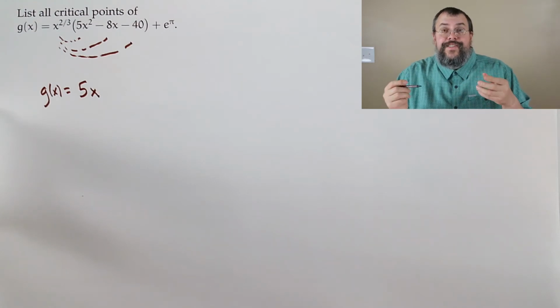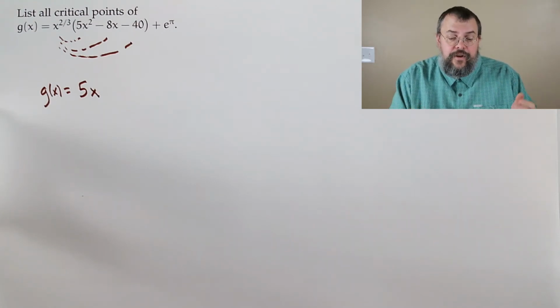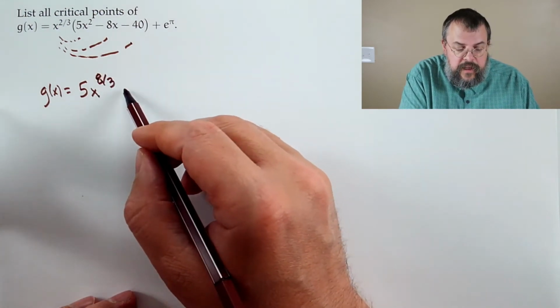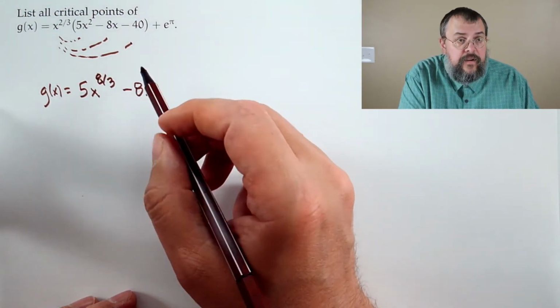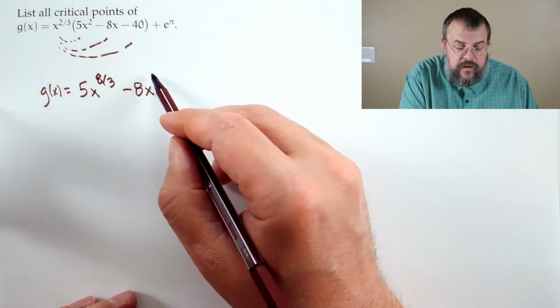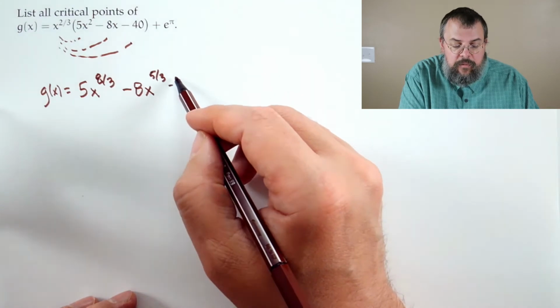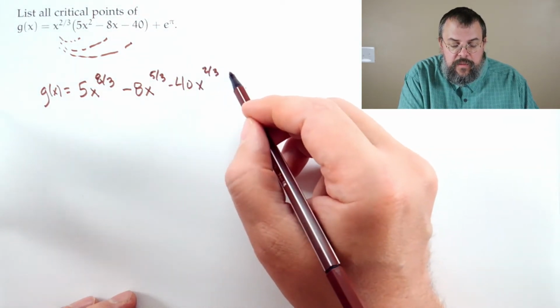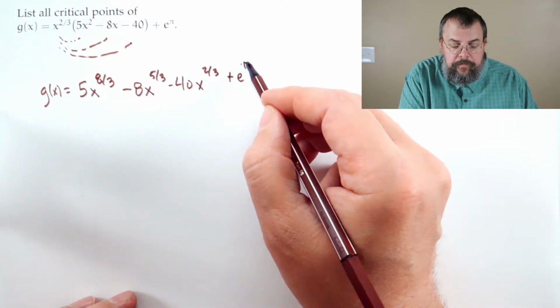So 2 is 6/3. And then I add 2/3 more, that would make that 8/3. Then minus 8x, x to the 1 is x to the 3/3 plus 2/3 is 5/3, minus 40 x to the power 2/3 plus e to the pi.